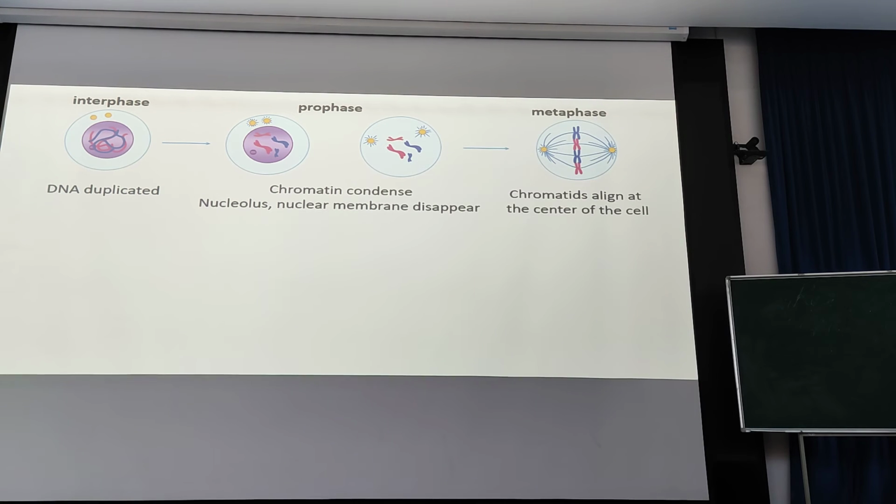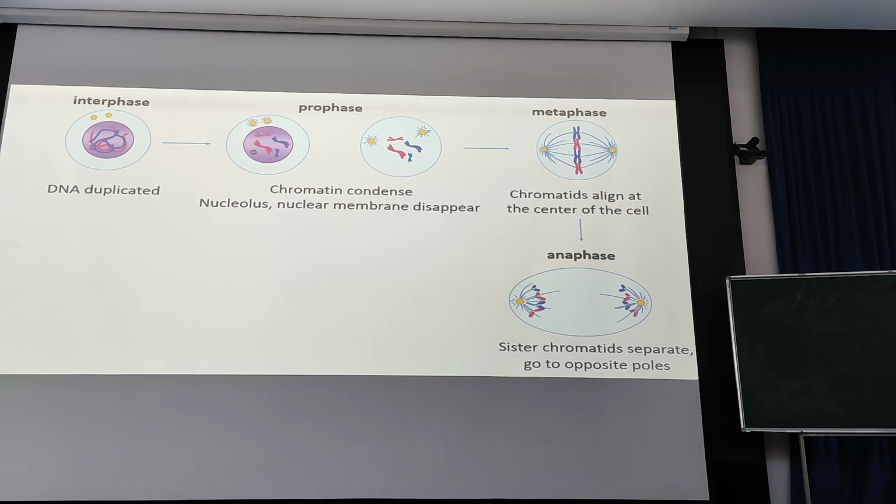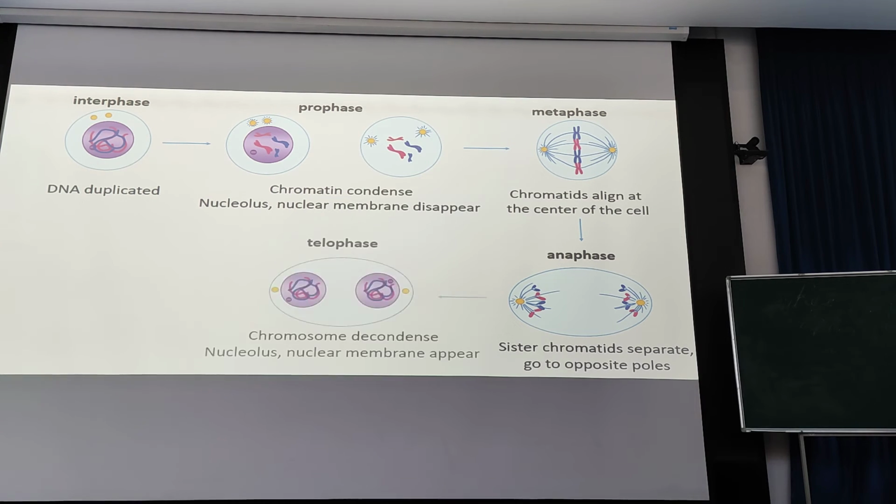And then it comes to metaphase. The chromosomes align at the center of the cell to make a metaphase plate. And then in anaphase, the sister chromatids are separated and go to the opposite poles.